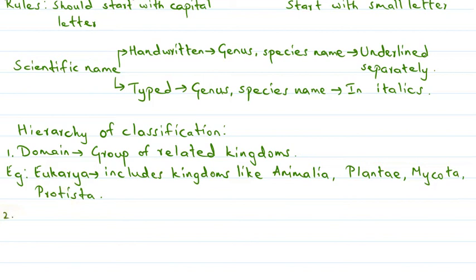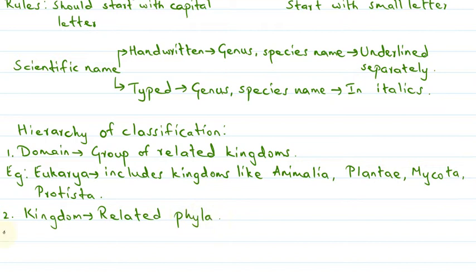The next level of classification would be the kingdom. Okay, so domain was the highest level, and after domain comes the kingdom. In domain we saw related kingdoms were grouped together. In case of kingdom, it includes a group of related phyla.